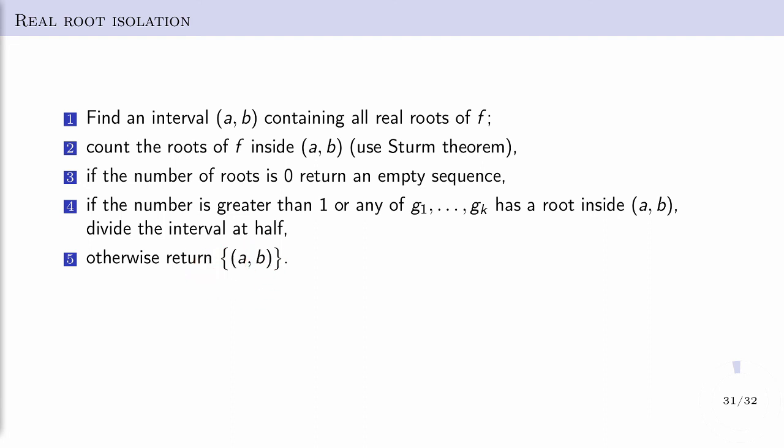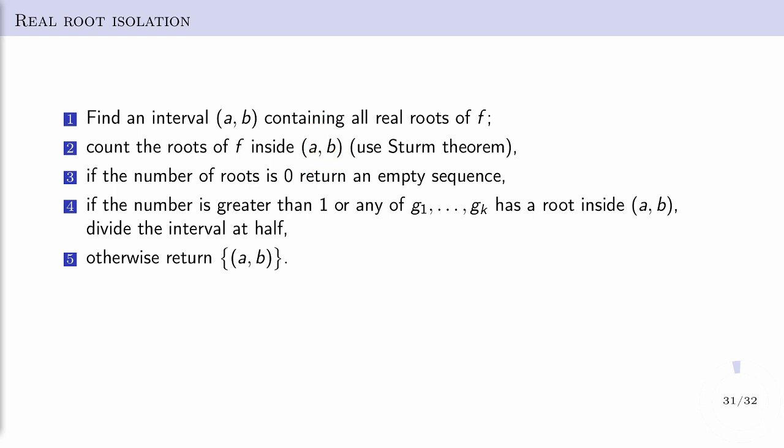In every other case, so when f has more than one root inside this interval, or maybe f has one root but one of the other polynomials also has a root here, this means that this interval is too large, and we need to split it in half.